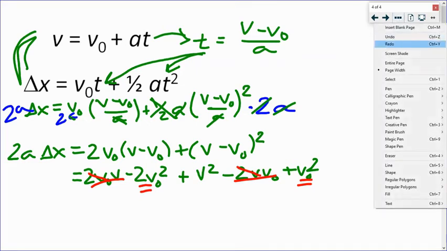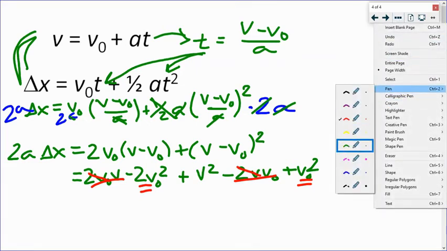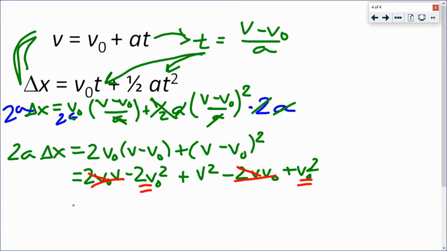And so when we rewrite this, we end up with just one negative v0 squared. And then this didn't have any other like terms, so we have plus v squared. And then over here we have 2a delta x.